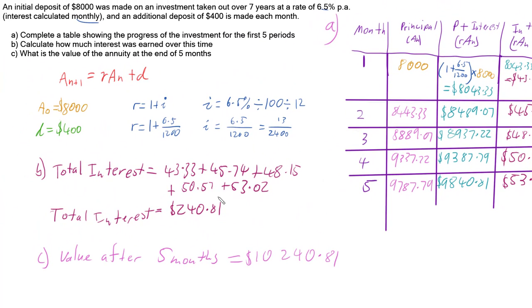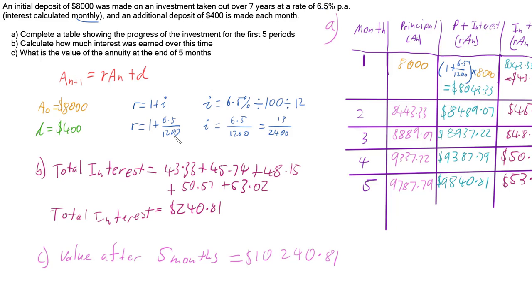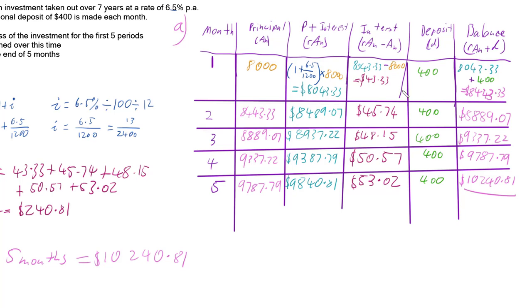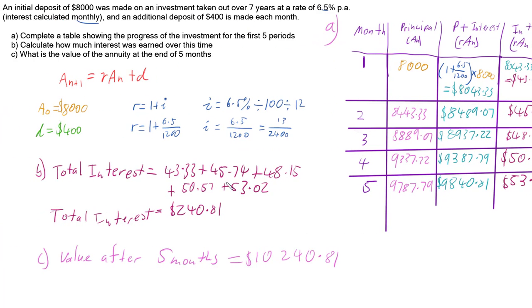That's how we use a table to help us work out an annuity using our recurring formula, our recurrence method. And we've got to remember that an annuity is better than a simple compound interest because there are these deposits being made, and that makes not only the value increase quite significantly, but also the interest starts increasing as well. And so the bank starts paying even more in.